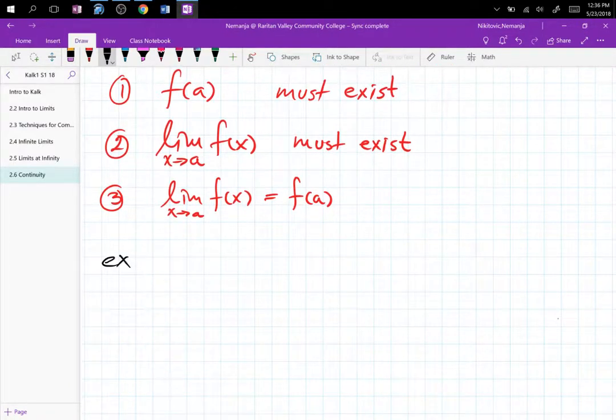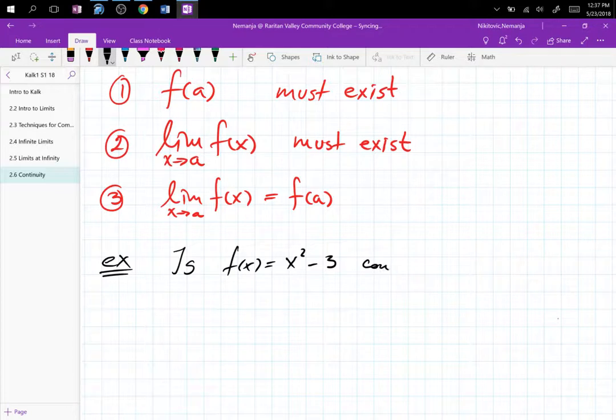This is the most basic, fundamental idea you can possibly imagine. So is f of x equal x squared minus 3 continuous at x equals 5? That's your question.